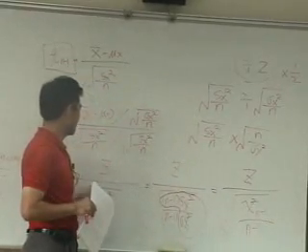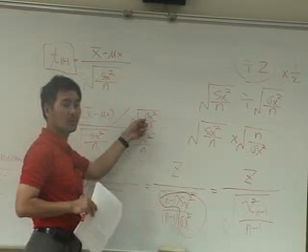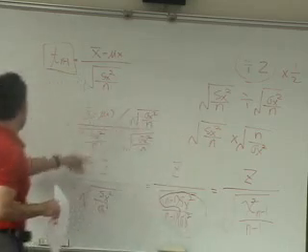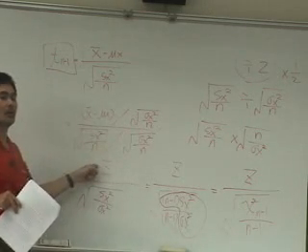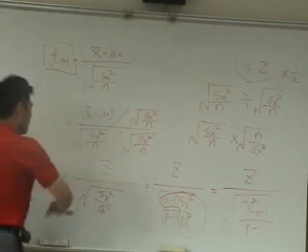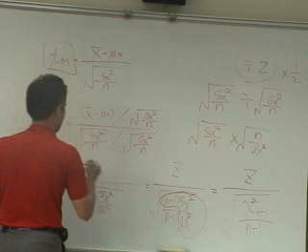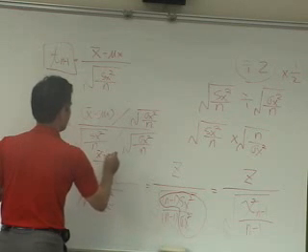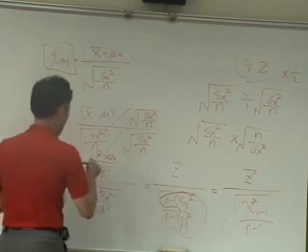Which one? Here. This one? You already turned it into z. You already turned this into z, right? So actually, this is x bar minus mu x, sigma x squared divided by n.